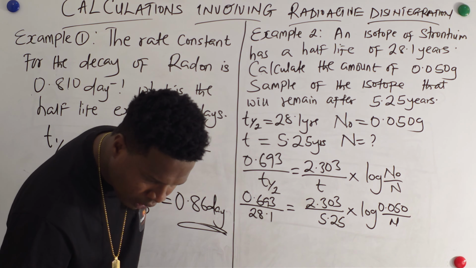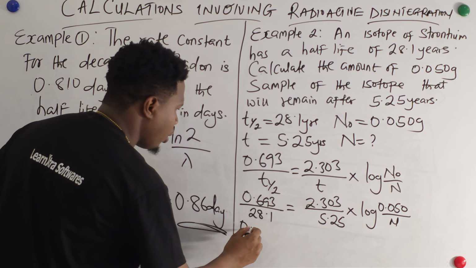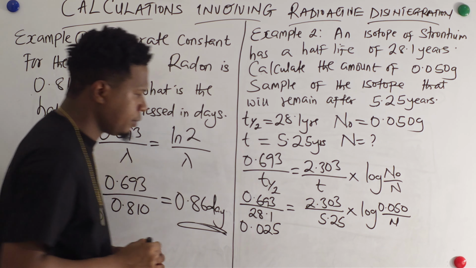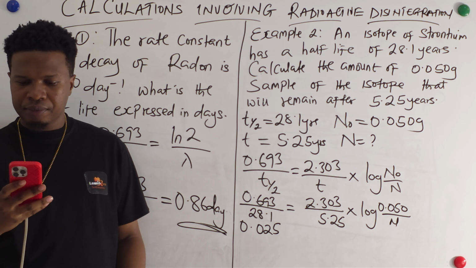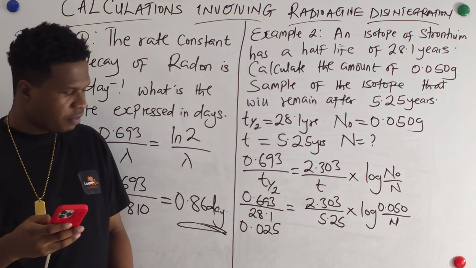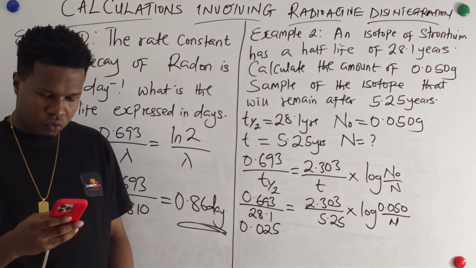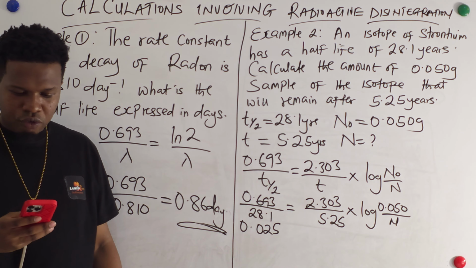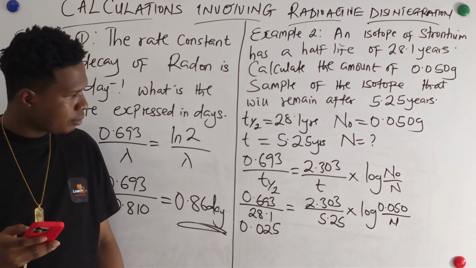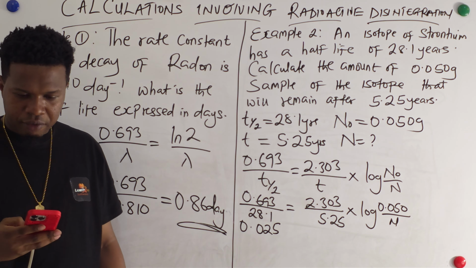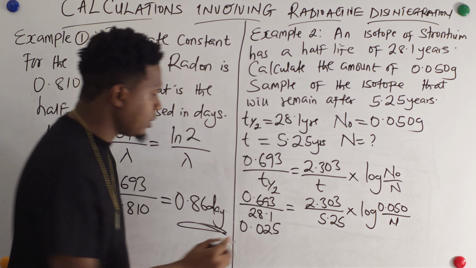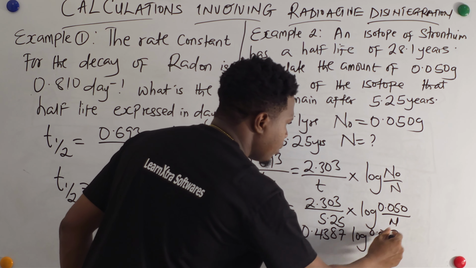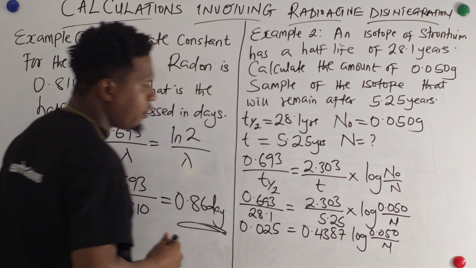When we divide 0.693 by 28.1, we have 0.025. Then we divide 2.303 by 5.25, and we have 0.4387. So 0.025 is equal to 0.4387 times log of 0.050 over N. We are going to make log 0.050 over N the subject of the formula.